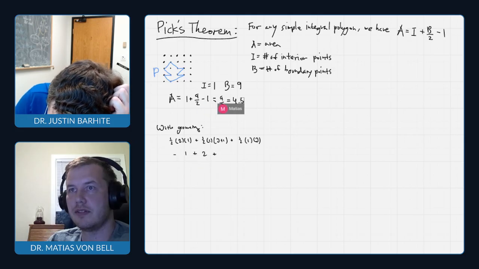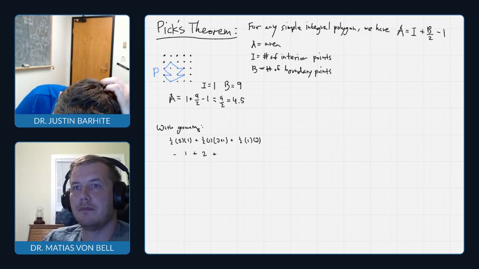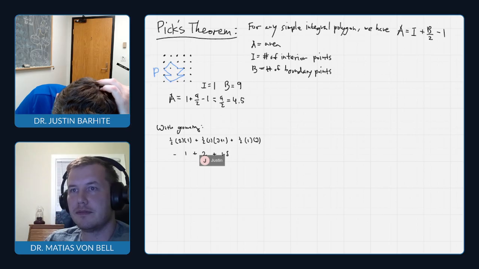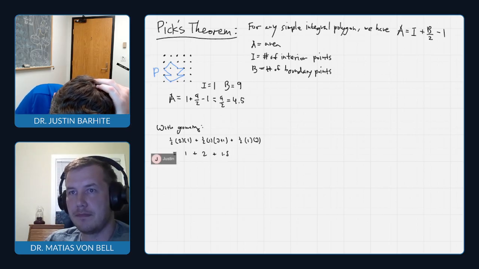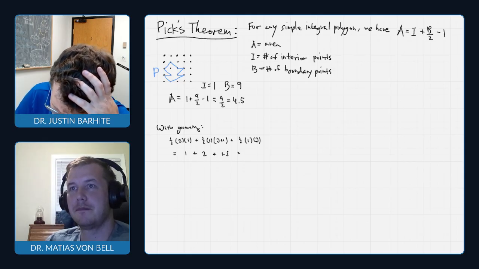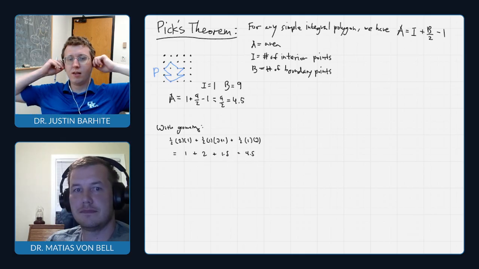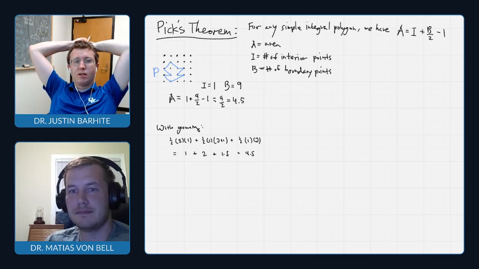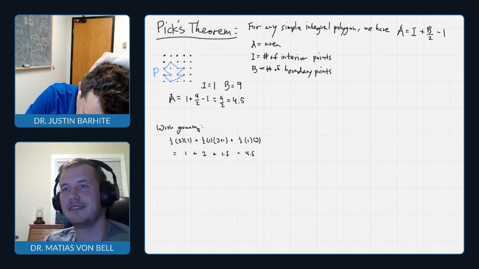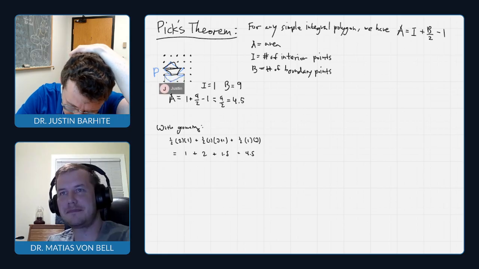And you can verify this by counting some triangles in the picture. Hey, I got the same answer. I did this top triangle, then the trapezoid, and then that bottom triangle there.